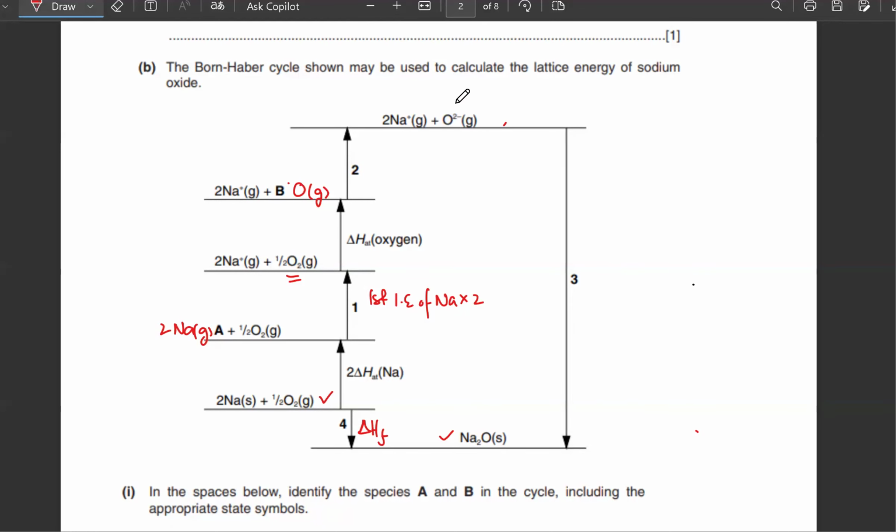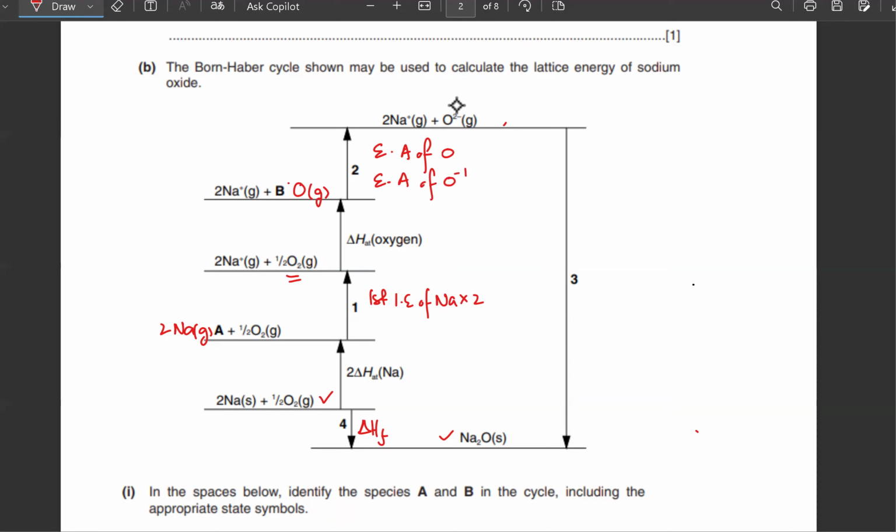The next one is oxygen gas turning into oxygen minus 2 ions. First and second ionization energy of oxygen? No, you don't call it ionization energy, you call it electron affinity, which is the same thing, but they're gaining electrons. Is that clear? Yes, sir.